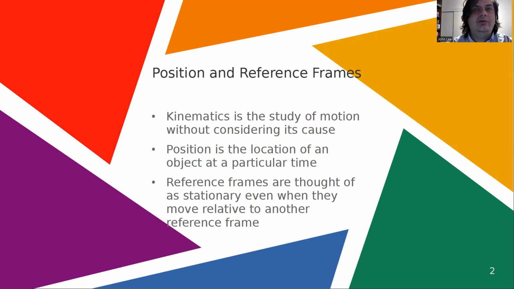So, for example, as you go in your car, it seems like you're stationary and everything is moving past you in the opposite direction. But if you were standing on the side of the road, you're going to see the car moving past you while the trees and the road and everything stay still.